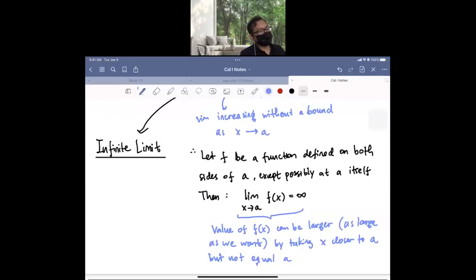And the phenomenon for this infinite limit is, at x equals a, or before when we have 1 over x squared, when x equals 0, we are going to have an asymptote. And that's the idea for this infinite limit. So we can also have a vertical asymptote.